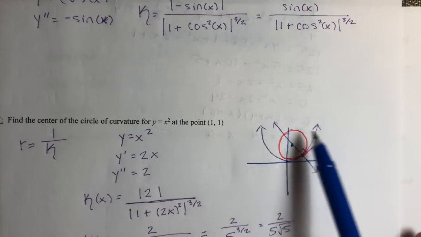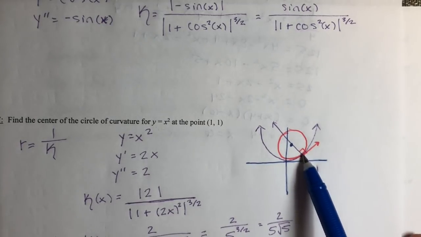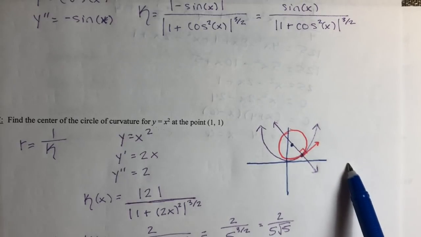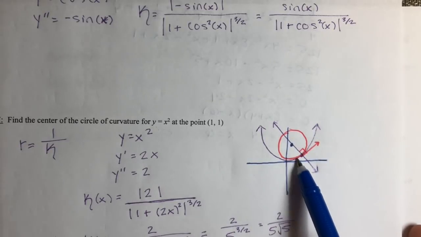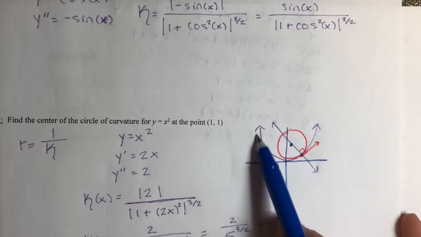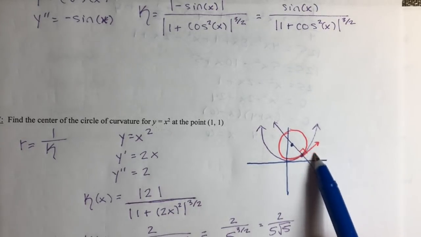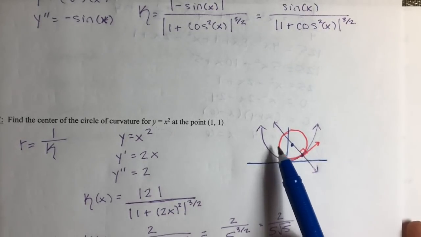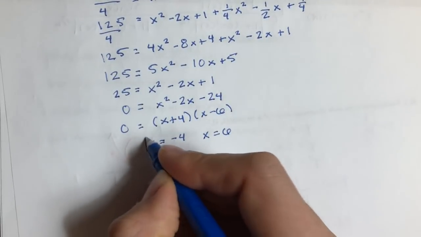So, wow, this is a very inaccurate circle if we think about it, but the point (1, 1) is on the curve. x equals 6 would be all the way out here. If the circle is supposed to curve with the function we're looking at, it couldn't be over here. That would curve against the curve we're looking at. So it has to be x equals -4.